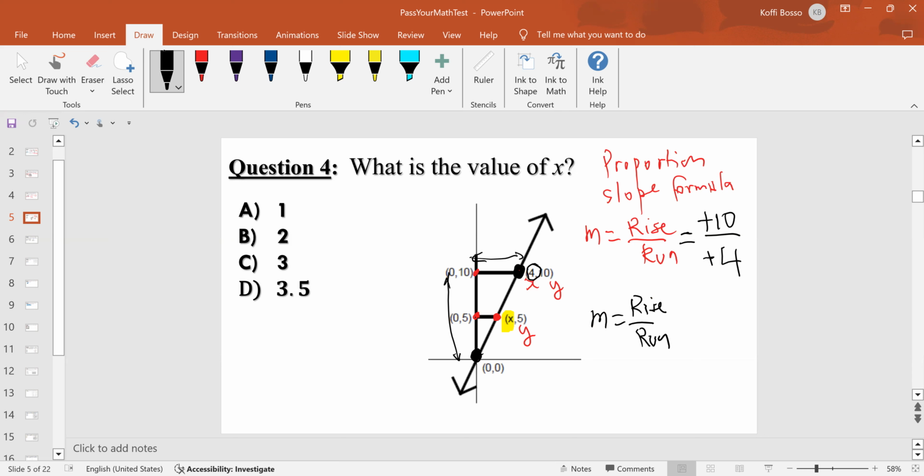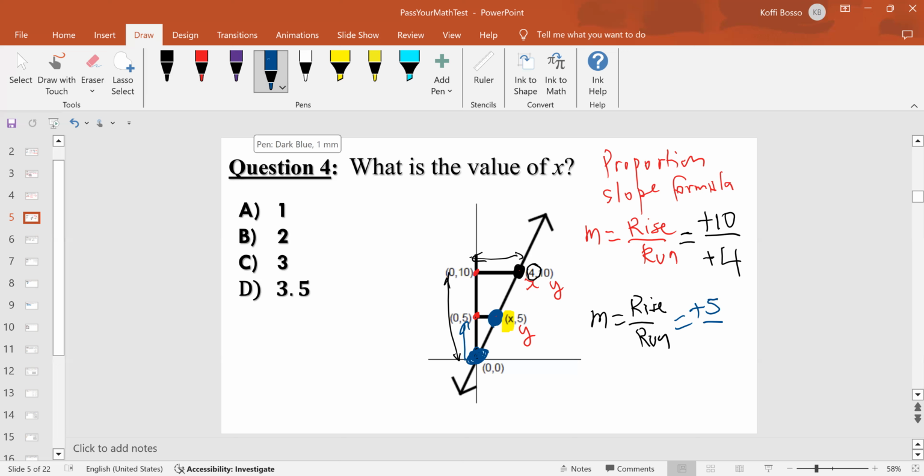if I want to figure out the slope of the same line, but this time I'm using this point here and this one, the one including x. So these 2 points. Again, rise over run, I need to move up from the origin, but this time it has to be 5 units, so plus 5.